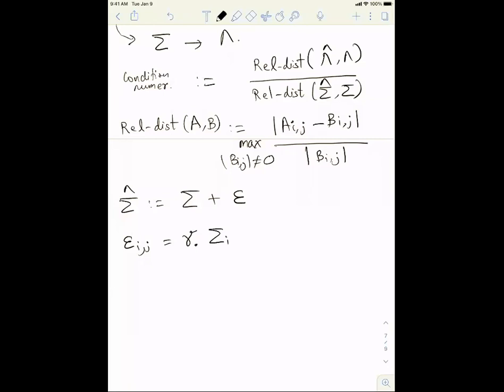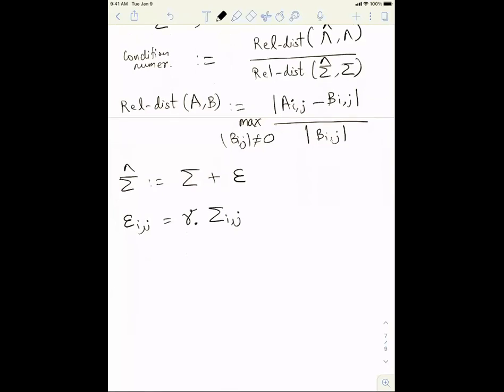So each coordinate is perturbed by gamma times sigma ij, and then the condition number, which we define formally, takes as input sigma and gamma, and is defined to be the limit when gamma tends to 0, as the noise becomes closer and closer to 0, of this quantity, the relative distance, parameterized by gamma.